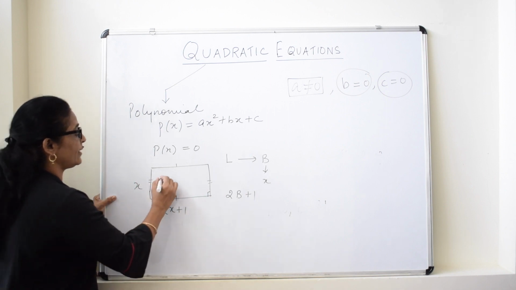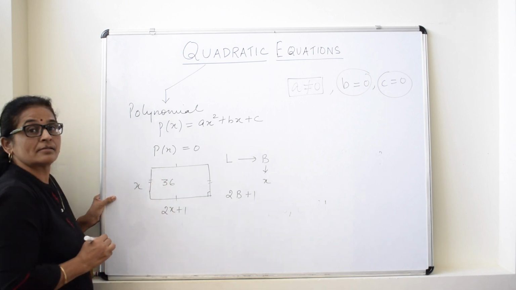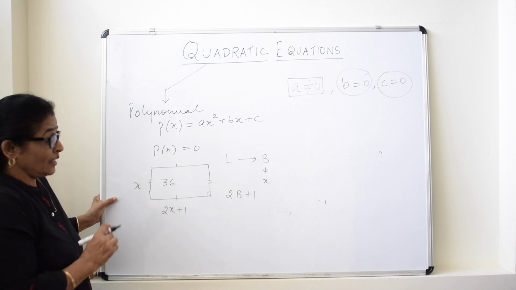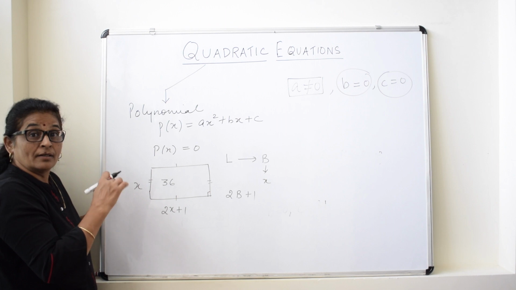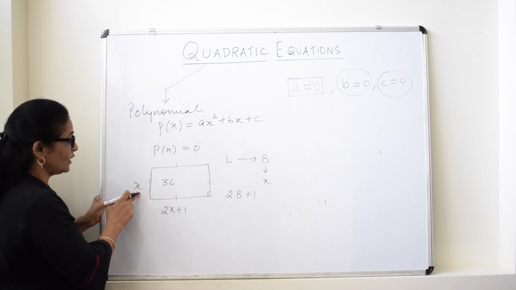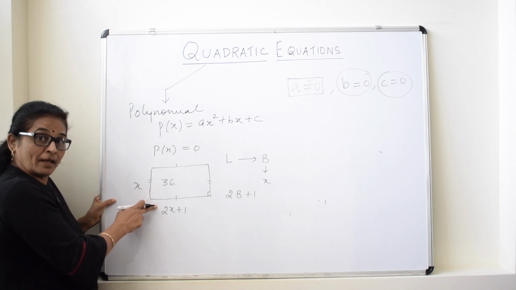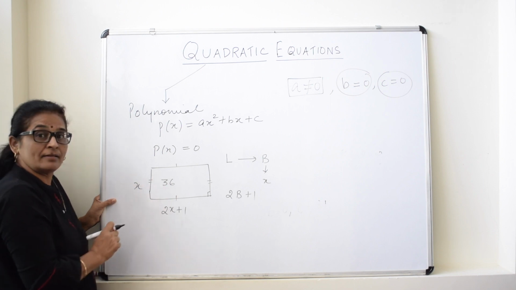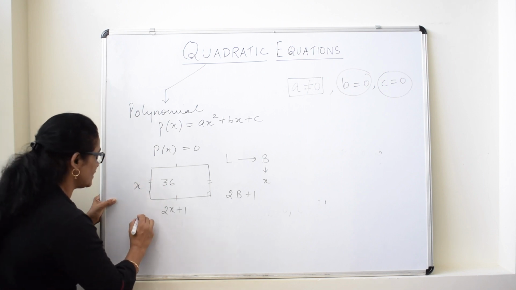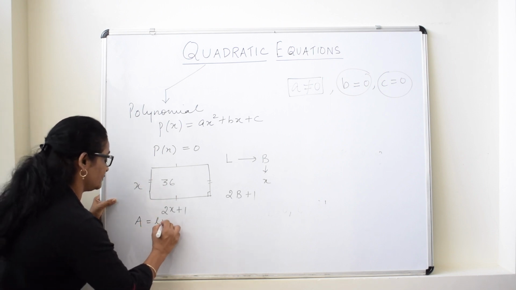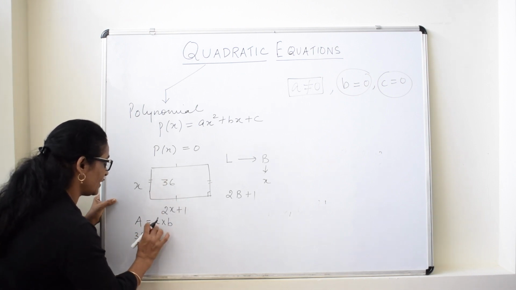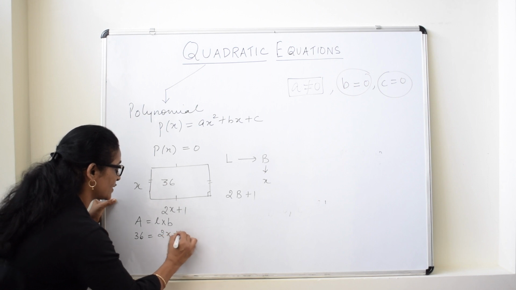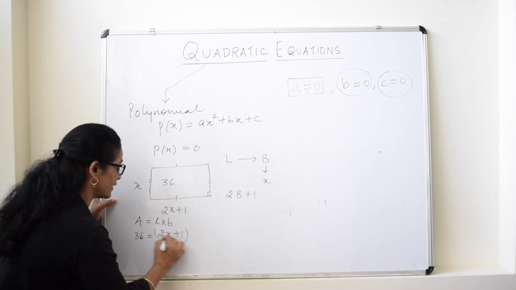If I say the area of this rectangle is 36, and if we just change this statement into an equation, the known fact here is area. Area of a rectangle is length into breadth. So if we simply apply this formula, then area is given 36, length is 2x plus 1 and breadth is x.